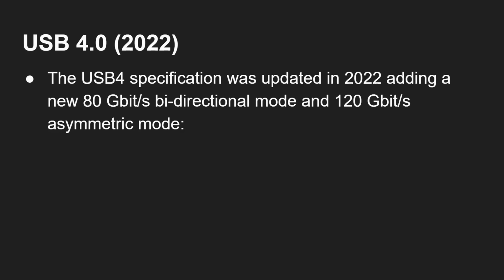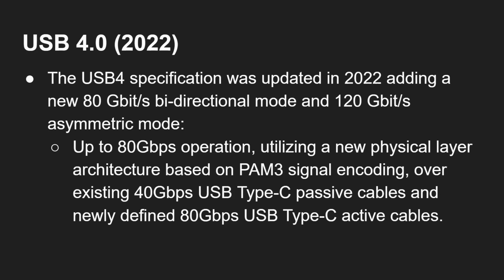The specification was updated, adding 80 gigabits in a bidirectional mode, 120 gigabits a second in an asymmetric mode, and up to 80 gigabits per second operation utilizing a new physical layer architecture based on a PAM3 signal encoding over, and this is the important thing I want to point out, the existing 40 gigabits per second USB Type-C passive cables. So that's the good thing. You can use the older cables with this, or with new 80 gigabits a second USB Type-C active cables.